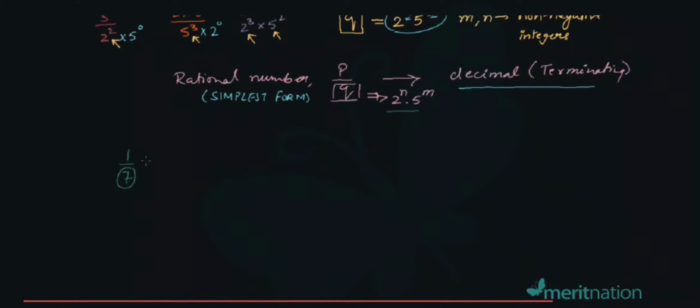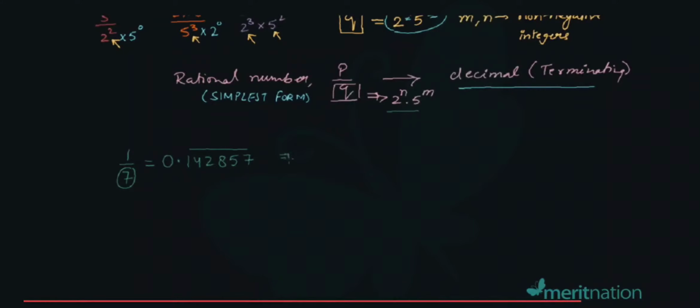Therefore, 1 upon 7, you know how to divide 1 by 7, and you already know the answer. We have done it in one of the previous sessions as well. So it is 0.142857 bar, isn't it? This bar represents that this block of digits keeps on repeating, or you say such numbers as non-terminating repeating numbers.